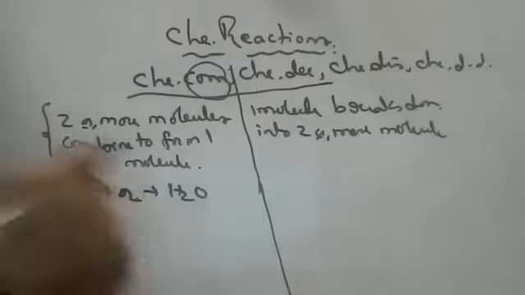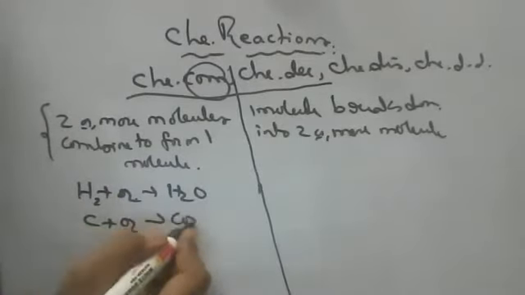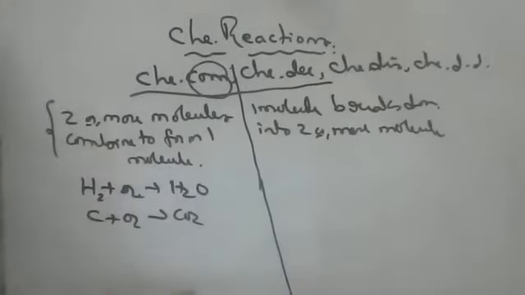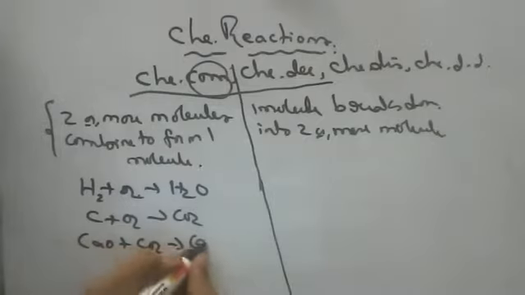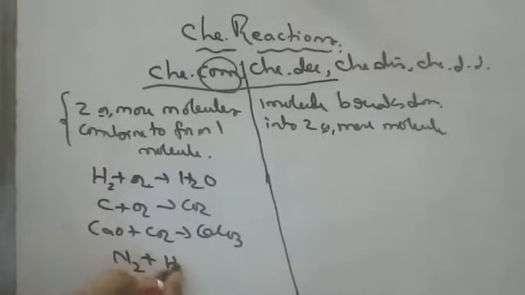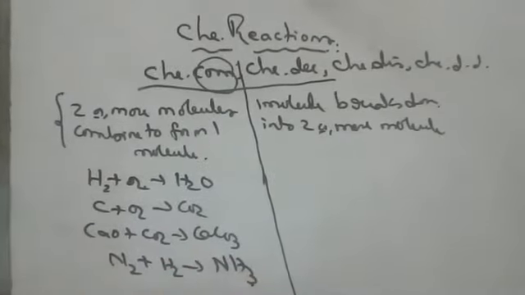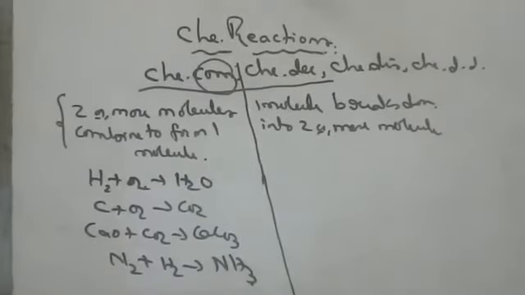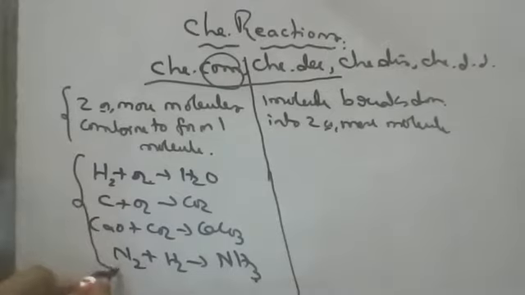C plus O2 gives CO2. CaO plus CO2 gives CaCO3. I'm not balancing the reactions. N2 plus H2 gives NH3. In each, two or more molecules combine to form a new molecule.